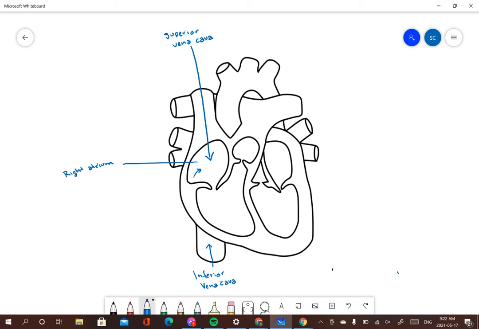Then the blood pumps through your first valve, which is your tricuspid AV. Okay, I do want you to know that it's the atrioventricular valve. So AV, or atrioventricular valve.